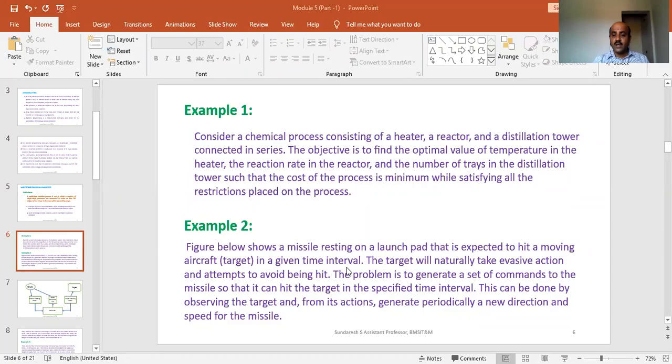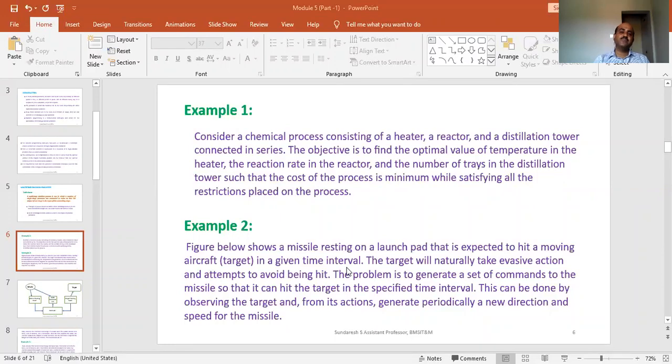The problem is to generate a set of commands to the missile so that it can hit the target in the specified time interval. This can be done by observing the target and its actions, and periodically generating a new direction and speed for the missile.